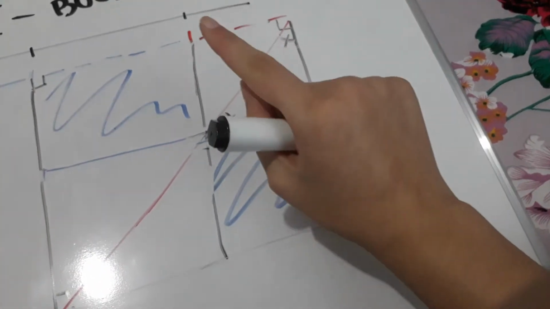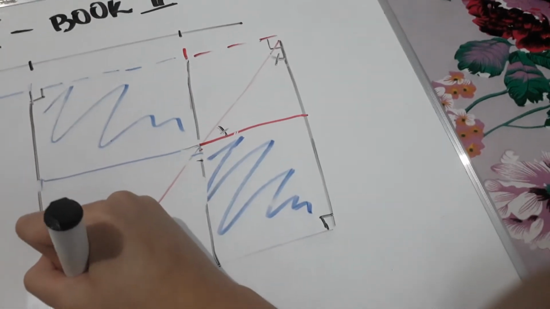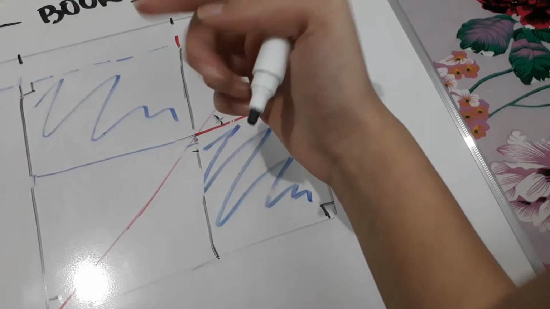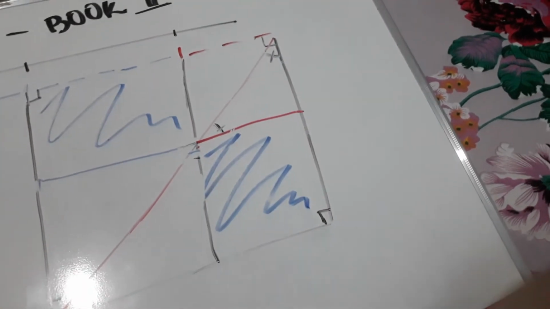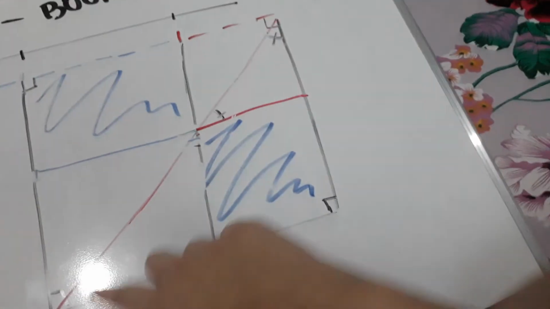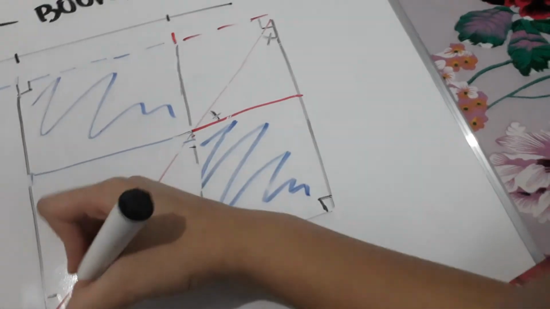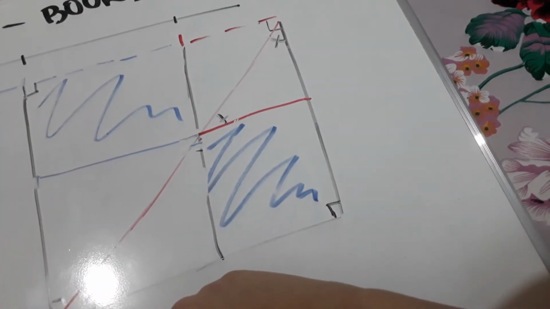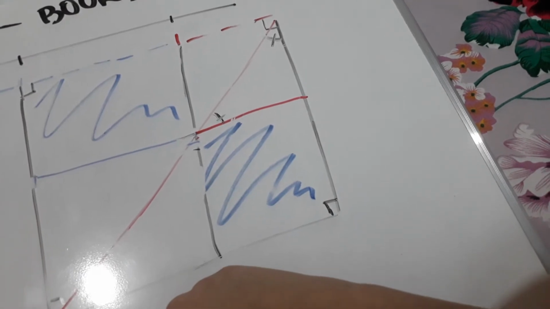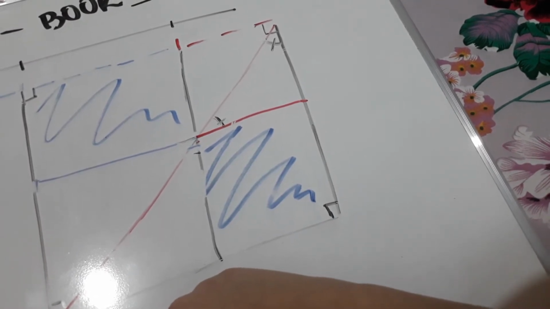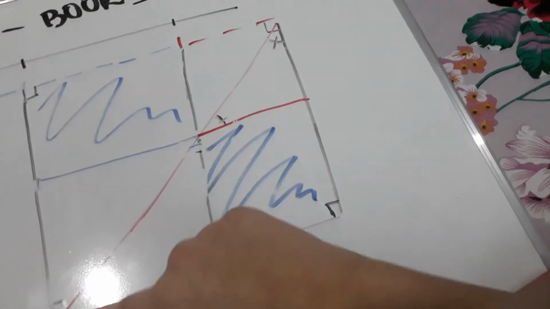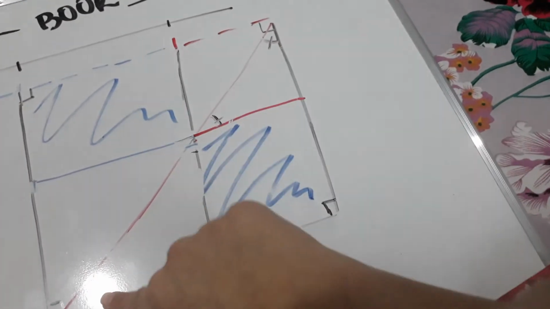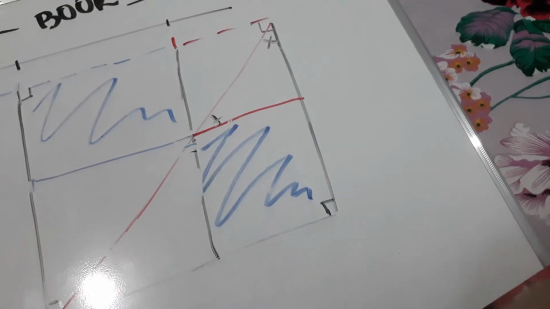And then we are going to have here also a straight line falling upon, making these two angles equal to each other. And as this angle is equal to this one and this one is equal to this one, we are going to have these two being equal to each other.